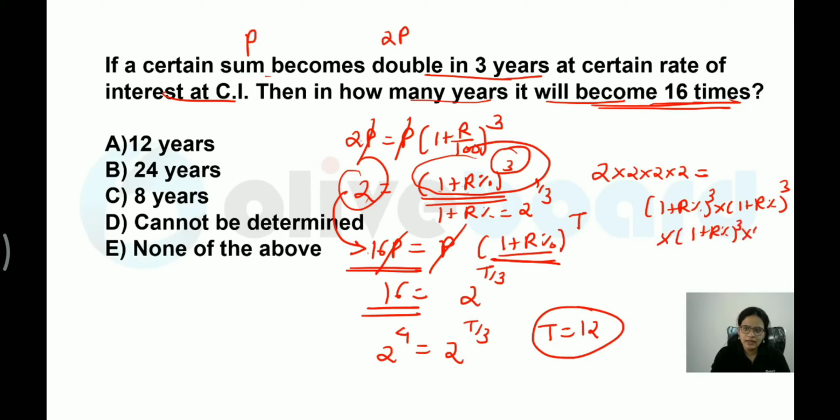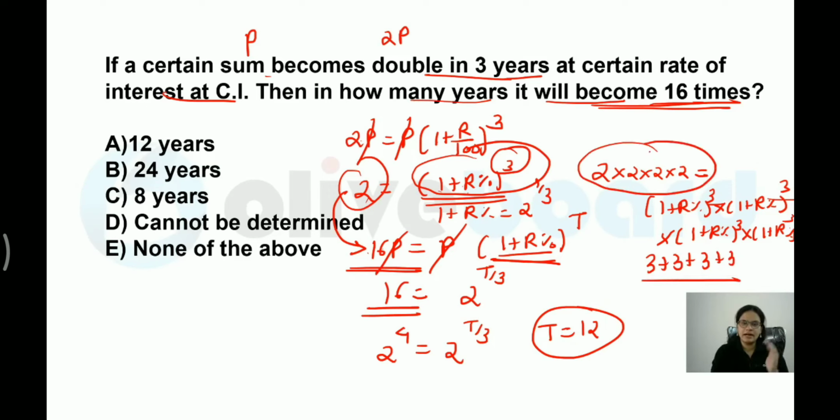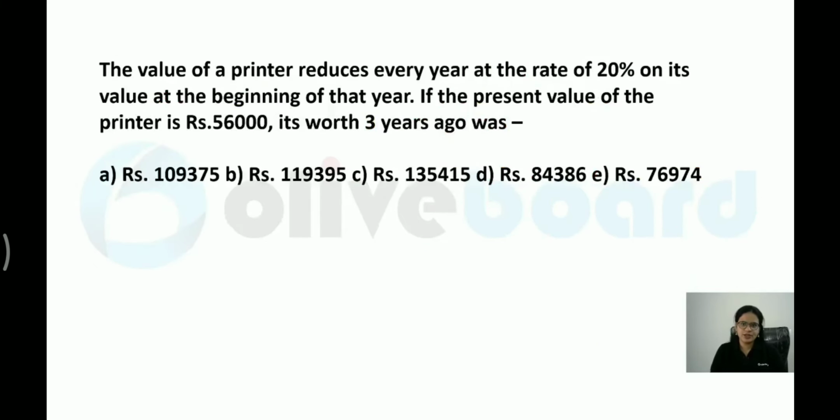So 4 times you are writing this. Now what will happen? Using the indices rule, all these indices would be added. So please remember this shortcut. Whenever you are getting principal multiplied on the left hand side, add the time period on the right hand side. So 12 years would be the answer in this case. I hope all of you are following. Let us move on to the next question over here.